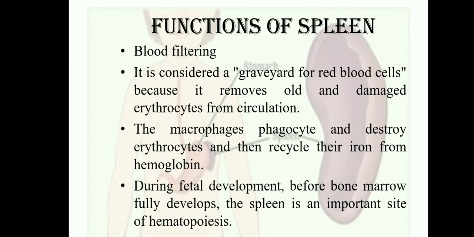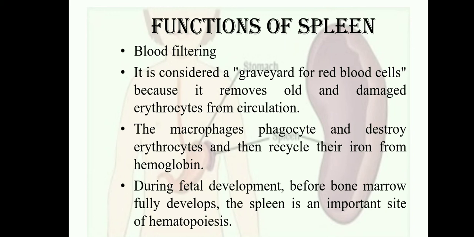It is considered the graveyard for red blood cells because it removes old and damaged erythrocytes from the circulation. This is the second most important function of the spleen: the aged red blood cells, which are not functioning properly, get removed.